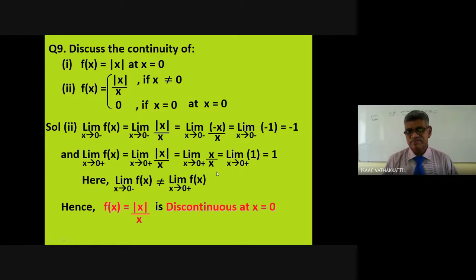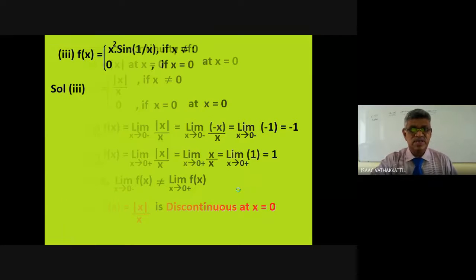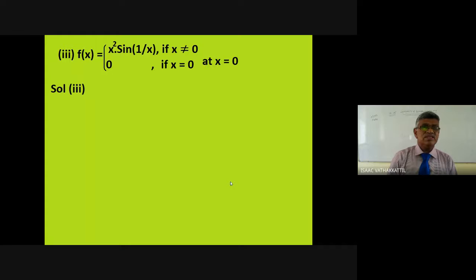Once left limit is not equal to right limit, we have the function is discontinuous at x equal to 0. Any question? What about this limit? Can you tell me, if I give you say 20 seconds, how do you find the limit of the function f(x) as x tends to 0? What will be the limit?